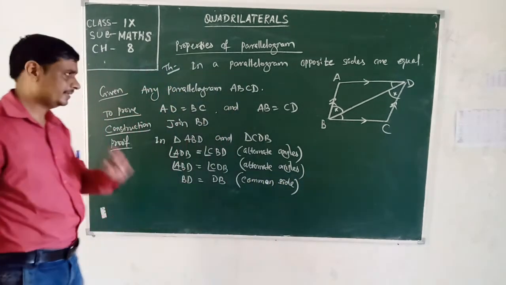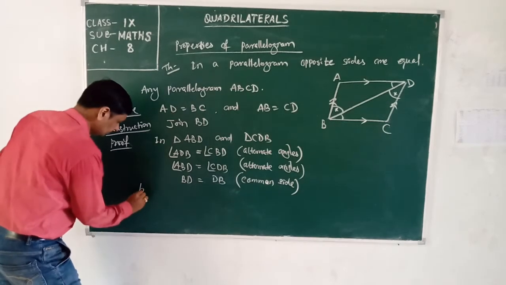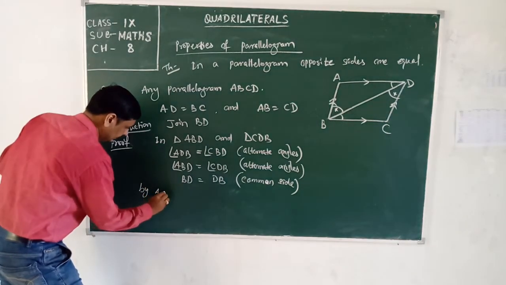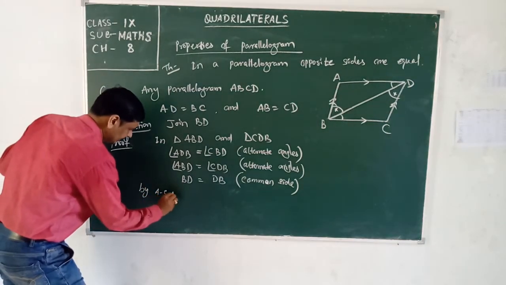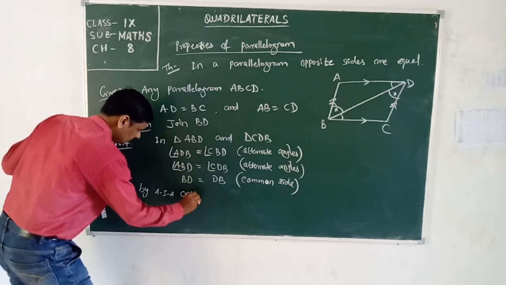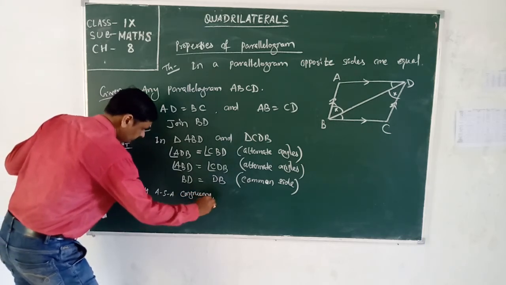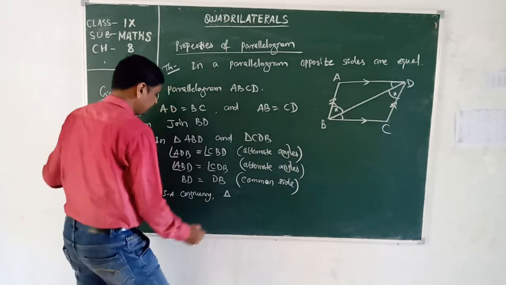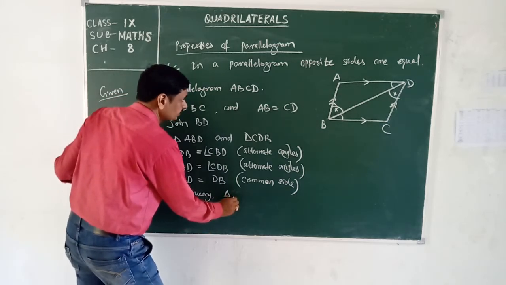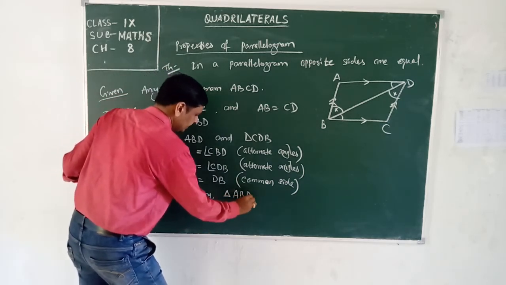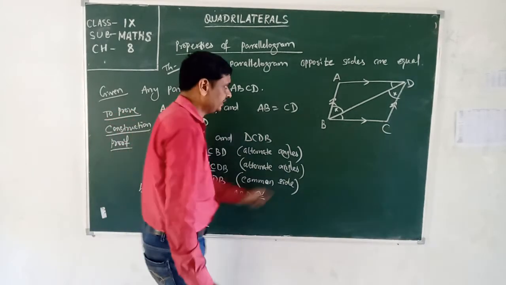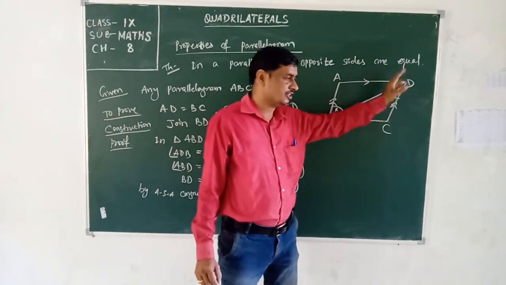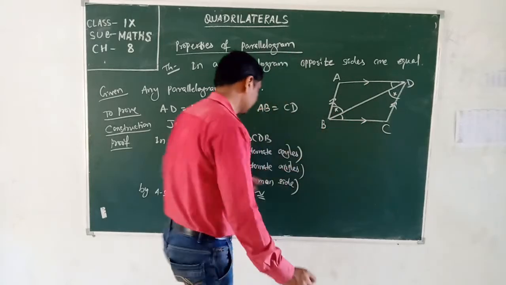That is the common side. By angle side angle congruency, triangle ABD is congruent to triangle CDB.